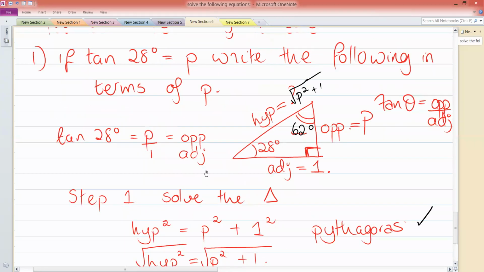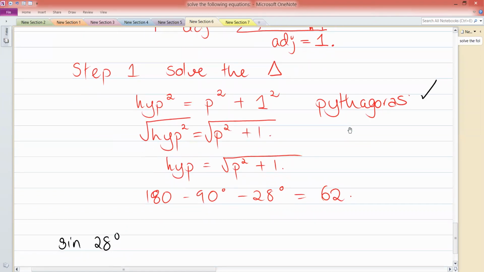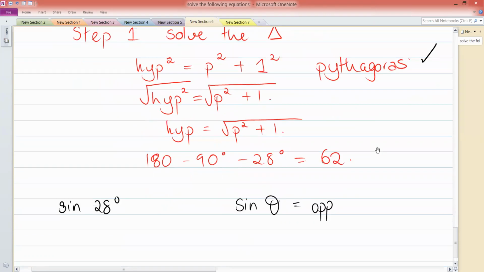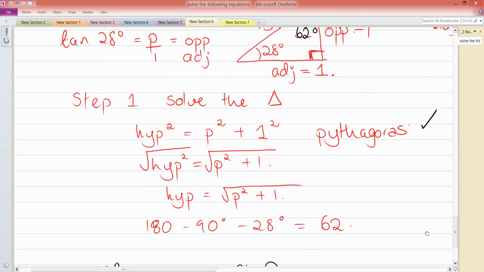Sorry, was this 10? Oh, I used 10, that's fine. Let us write sine 28 degrees in terms of the letter P. So sine 28, we know that sine theta is equal to the opposite side over the hypotenuse. What was the length of the opposite side?